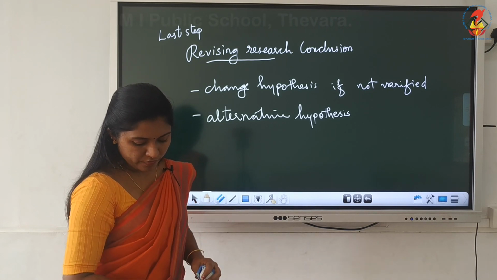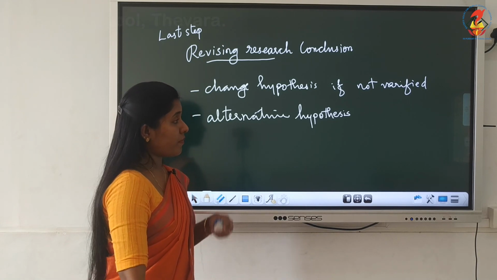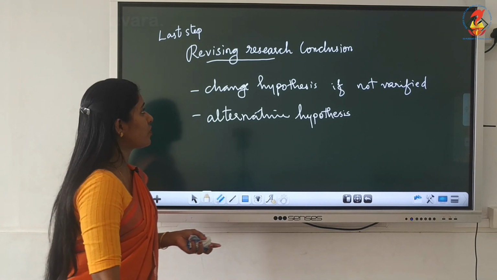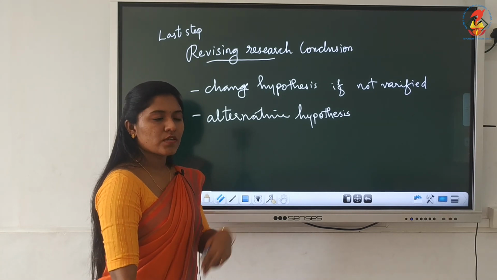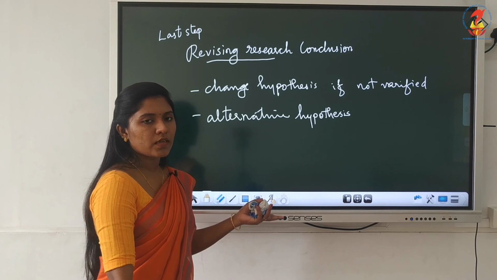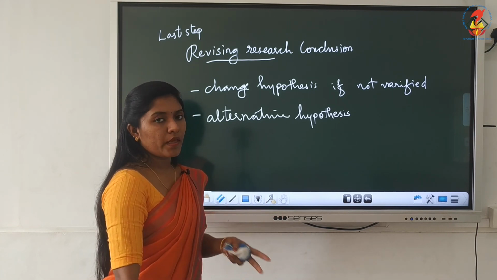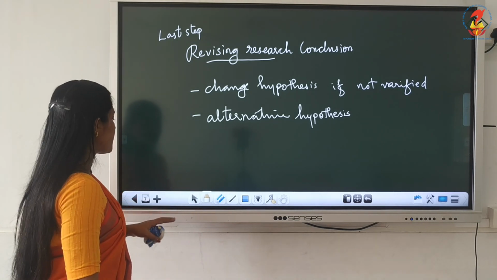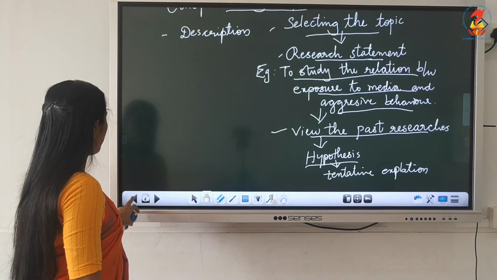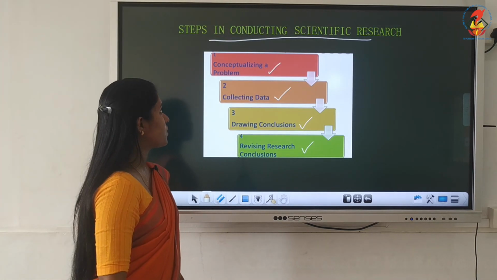Then again you will verify the new hypothesis which we have made by revising. So this is revising the research conclusion. If any changes are required, we have to make those changes here, prepare another hypothesis, and follow the same procedures. So these are the steps to be followed when you conduct scientific research.